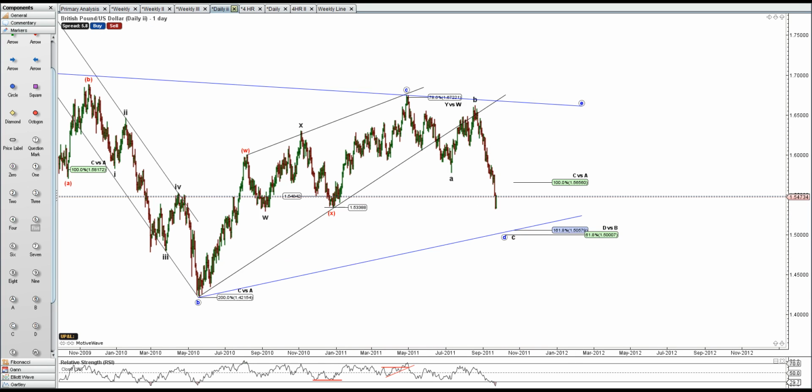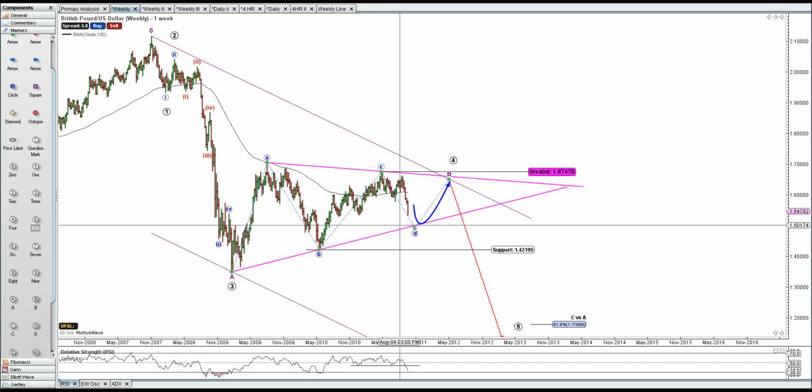Okay, around 50-50 or 1.5 somewhere in there. Here's 1.5.